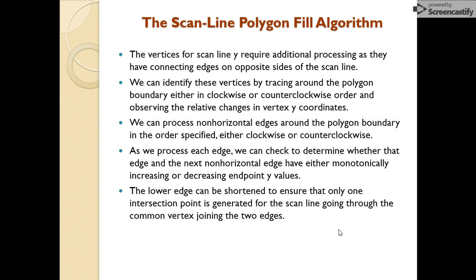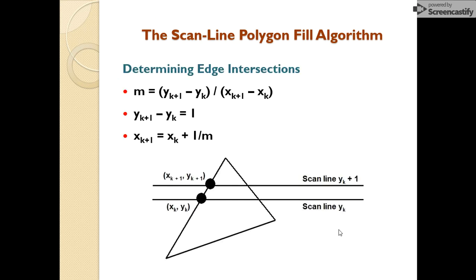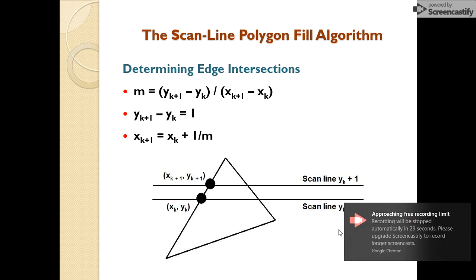As we process each edge, we can check to determine whether that edge and the next non-horizontal edge have either monotonically increasing or decreasing endpoint values. The lower edge can be shortened in order to ensure that only one intersection point is generated for the scan line going through the common vertex. In this way, the scan line polygon fill algorithm works. Like you can see here, we can determine the edge intersections where yk plus 1 and yk are the coordinates.